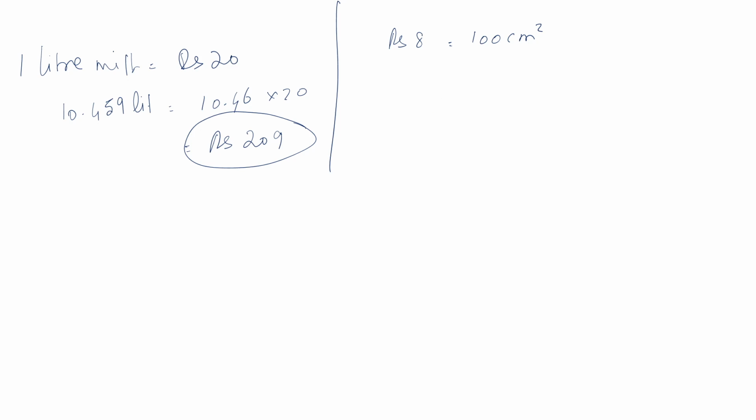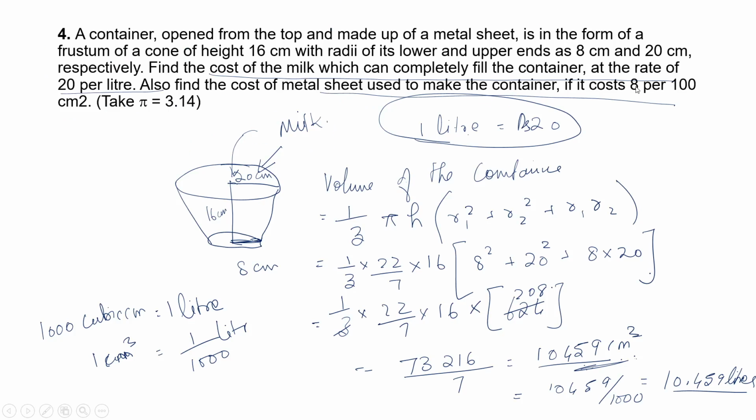For that, first we have to find how much area we require. That is the CSA of the container we have to find. CSA is nothing but pi into (R1 plus R2) into L, plus only 1 pi r square. Why? Because the container is open at the top, only the bottom area should be considered.